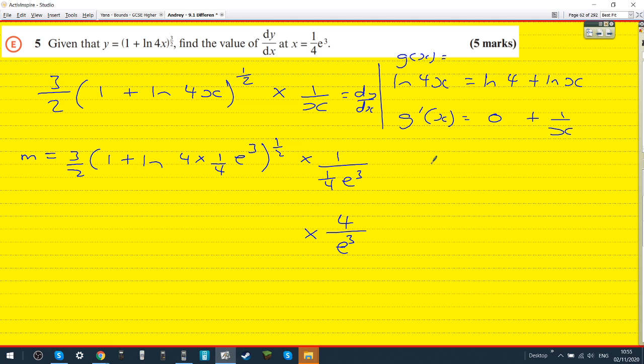Will that then be... Do I need to times the entire bracket? But I can't times the bracket by 3/2. No, not before you do the power of a half. Can I do 3 over 2 times 1 to the power of a half?